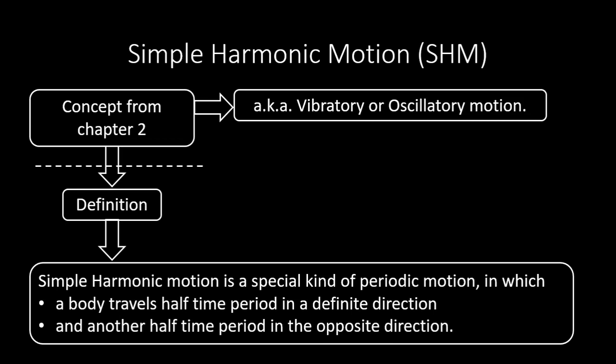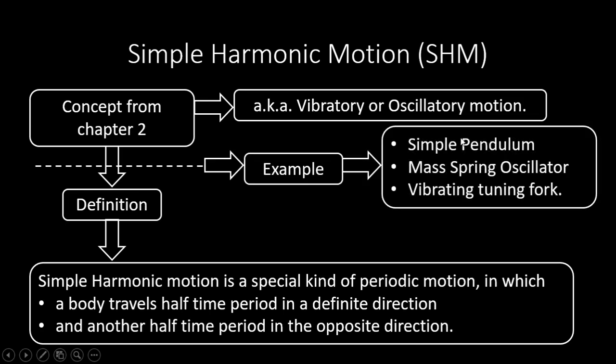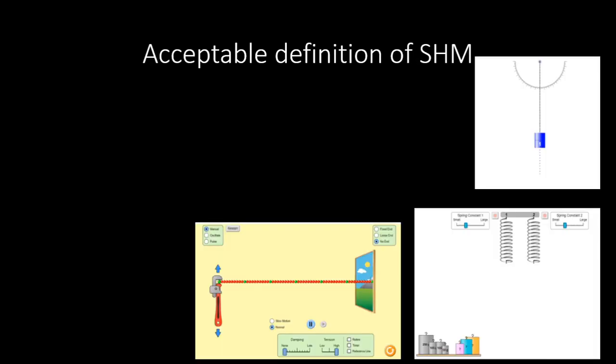That means the object travels a particular point along its path after a regular interval of time, and it travels half time period in a definite direction and another half time period in the opposite direction. Examples are the motion of a simple pendulum, the motion of a mass spring oscillator, the motion of a vibrating tuning fork.